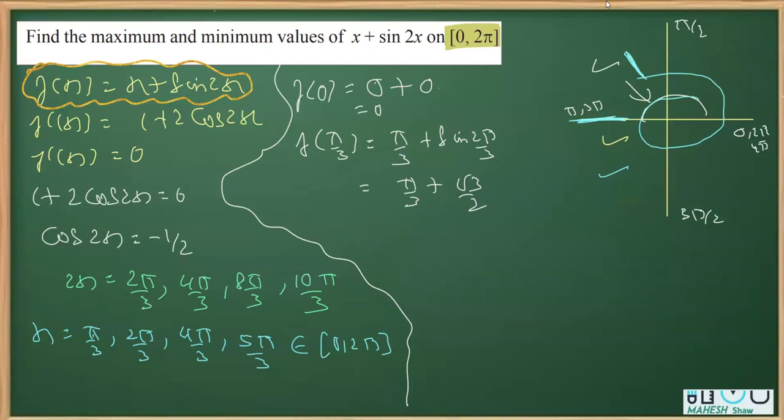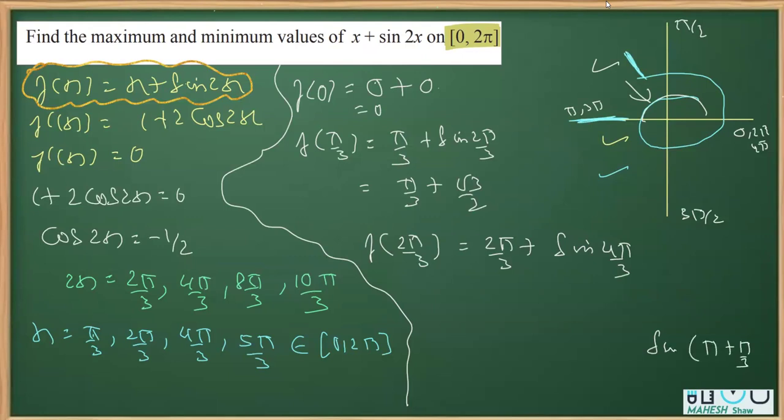Next, we have to get the value for f(2 pi by 3). Over here it's x, which is 2 pi by 3, and over here it's sine 2 times that, which is sine 4 pi by 3. Now 4 pi by 3 in terms of sine, I can write as pi plus pi by 3.